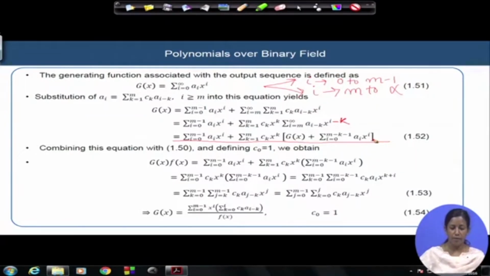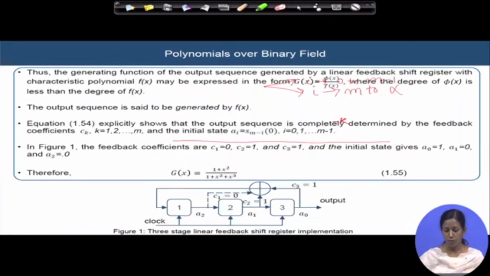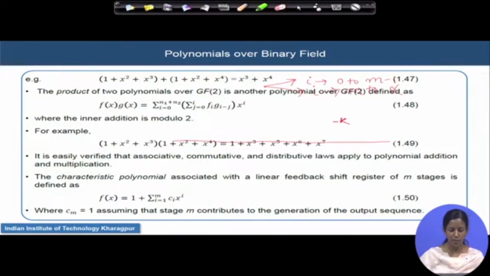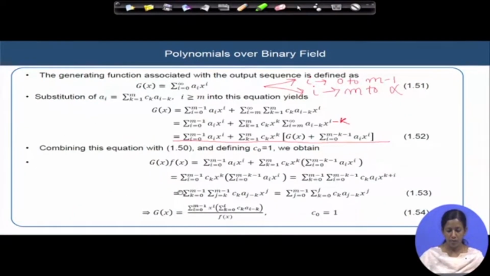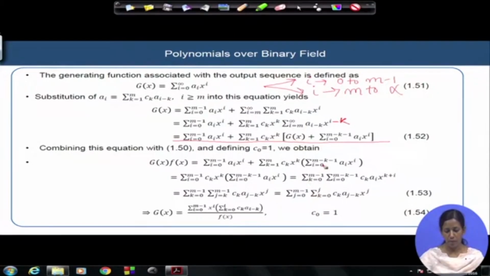Now, if I club this expression of the generating function with the characteristic polynomial f x we discussed, and take the multiplication of g x and f x, with some simple mathematical calculation and derivation, we will come down to this value, where finally this generating function g x will be equivalent to this expression, with j replaced by i, divided by f x.